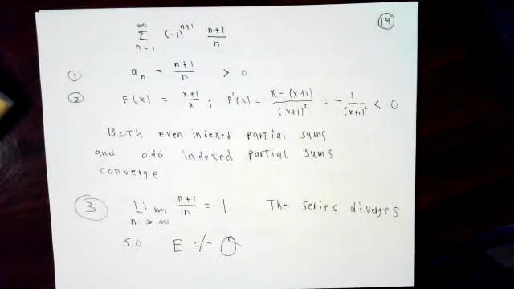If the individual terms of the series tend to 1, that means the absolute value of E minus O must be 1. What's going to happen here is the even index series converges, the odd index thing converges to something else, and the distance between these two things is going to be 1.